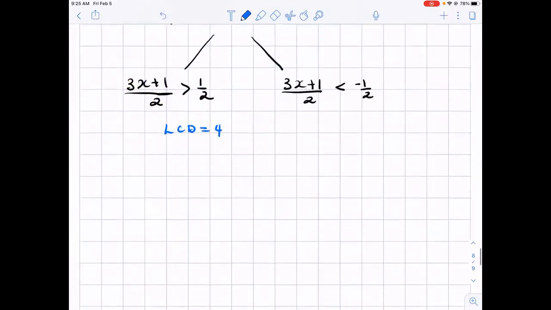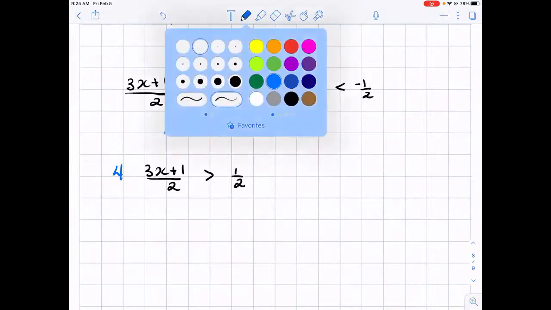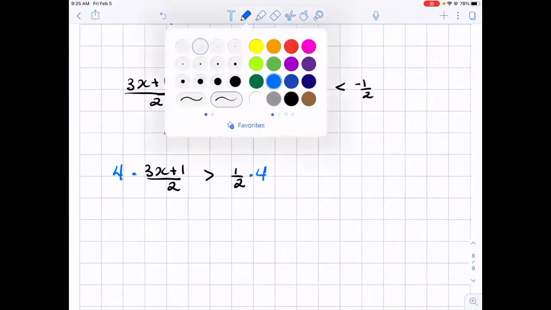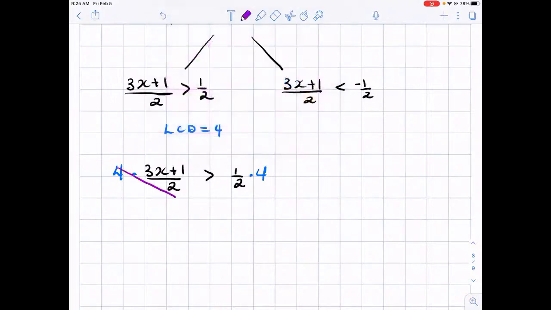So if you multiply both sides by 4, you will observe that the 4 and the 2 becomes a 2.